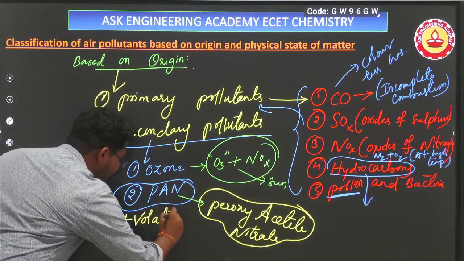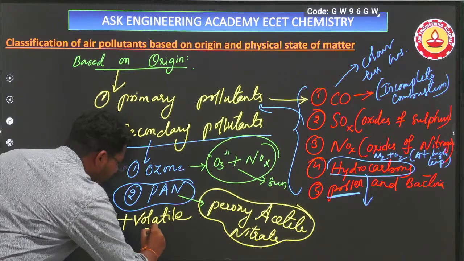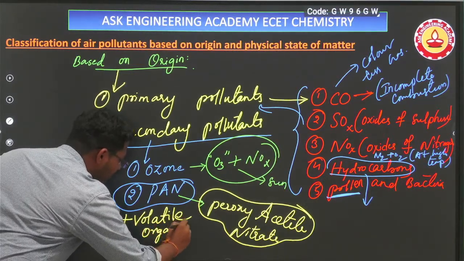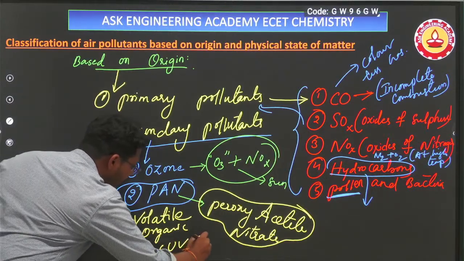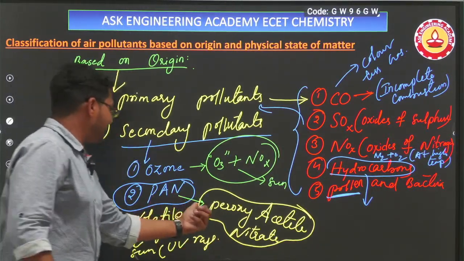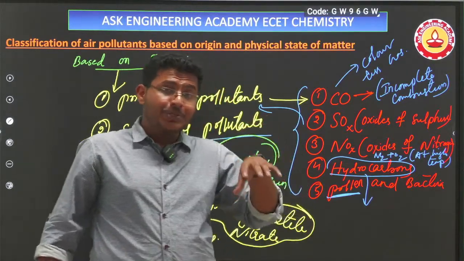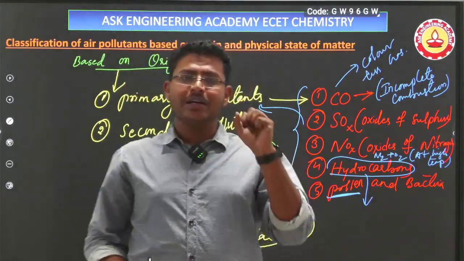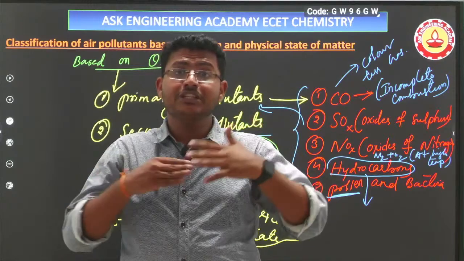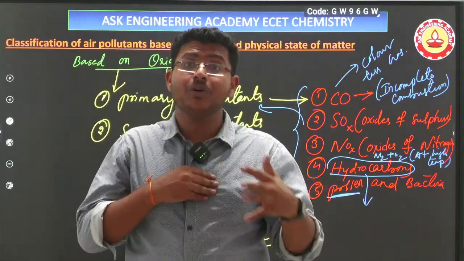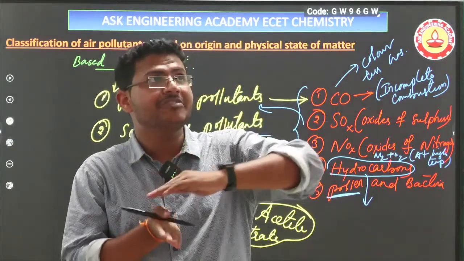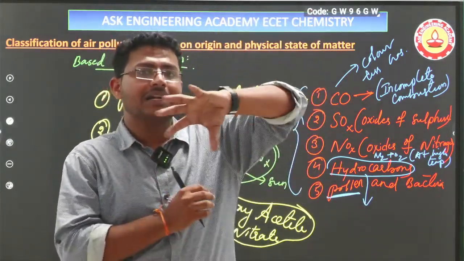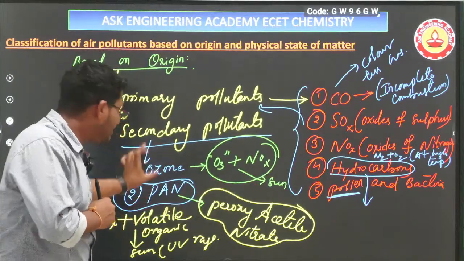Volatile means easily vaporizable. Volatile organic compounds in the presence of sun rays or UV rays. So peroxyacetyl nitrate is produced as a result of reaction between harmful nitrogen oxides with volatile or reactive organic compounds. వోలటైల్ అంటే ఈజీలీ వేపరైజబుల్, వేపర్ అయిపోతాయి అవి. అట్లాంటి వాటితో రియాక్షన్ జరిగినప్పుడు ఫామ్ అయ్యేది పాన్.